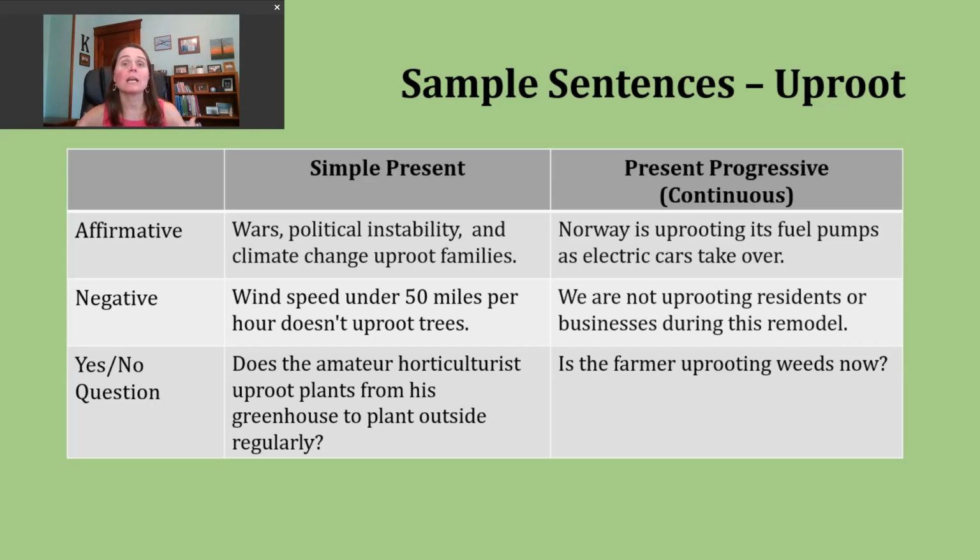In the affirmative or in a positive sentence, if our subject is I, you, we, or they, we're just going to use the base verb. So no special endings, no suffixes on the verb. But if our subject is he, she, or it, then we need to add an S to the end of the verb. Let's take a look at an example sentence here. Wars, political instability, and climate change uproot families.